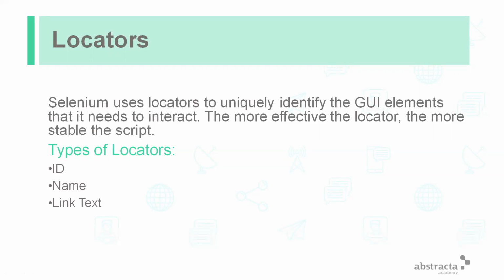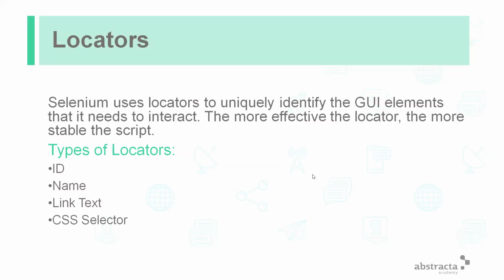But if the link text is repeated, it will not work, since we'll locate two elements or more, and we'll pick the first it finds, and probably we don't want the first link it found. So if we want another one, we need to try to use another locator to identify that web element.